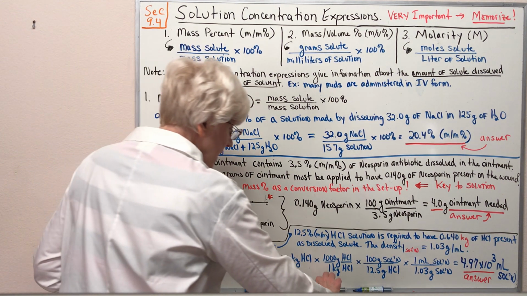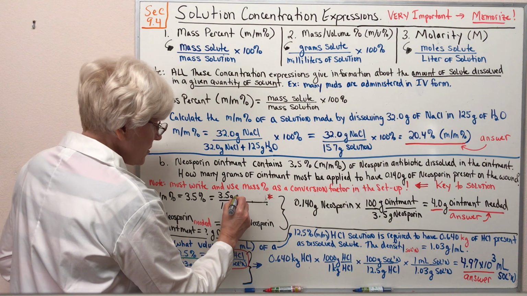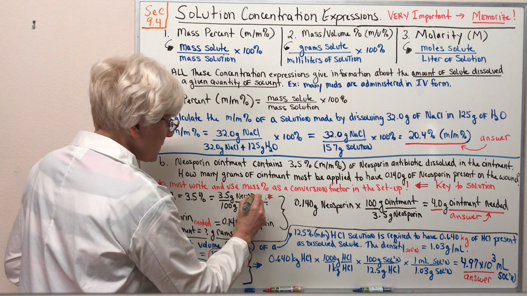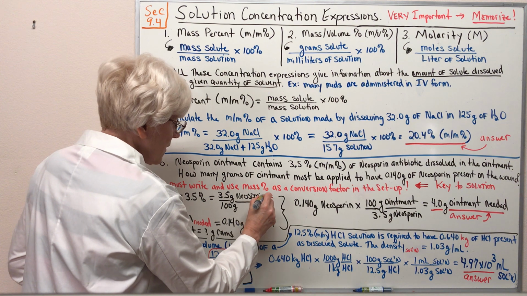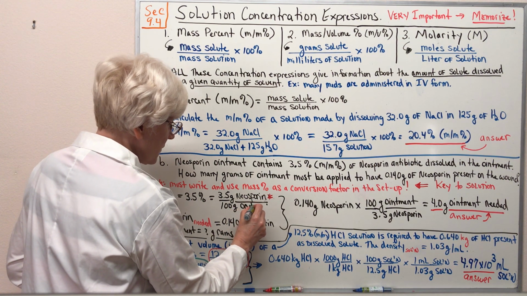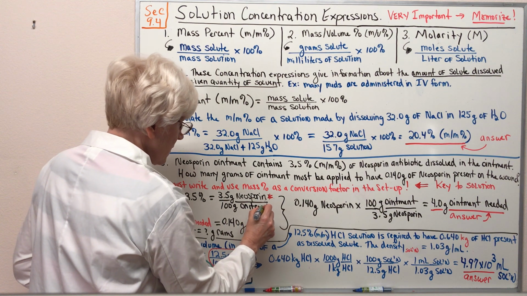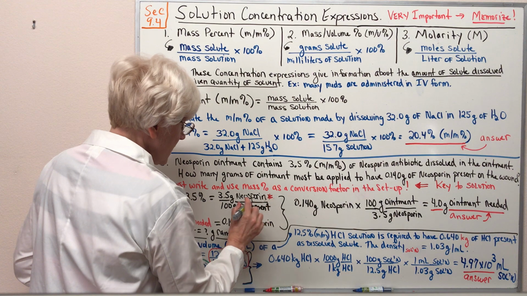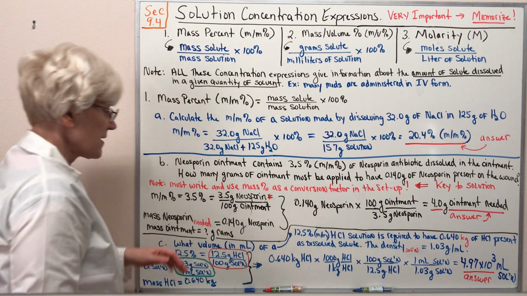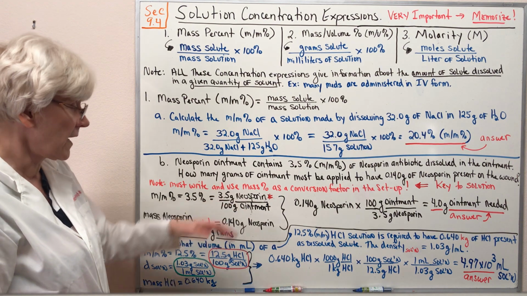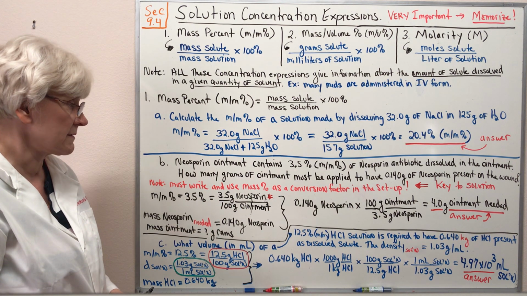And the only way to know how to use it is with the labels. So I'm going to write them back in. And make sure I've got my spelling right here. Right, so 3.5 grams of Neosporin over 100 grams of ointment.